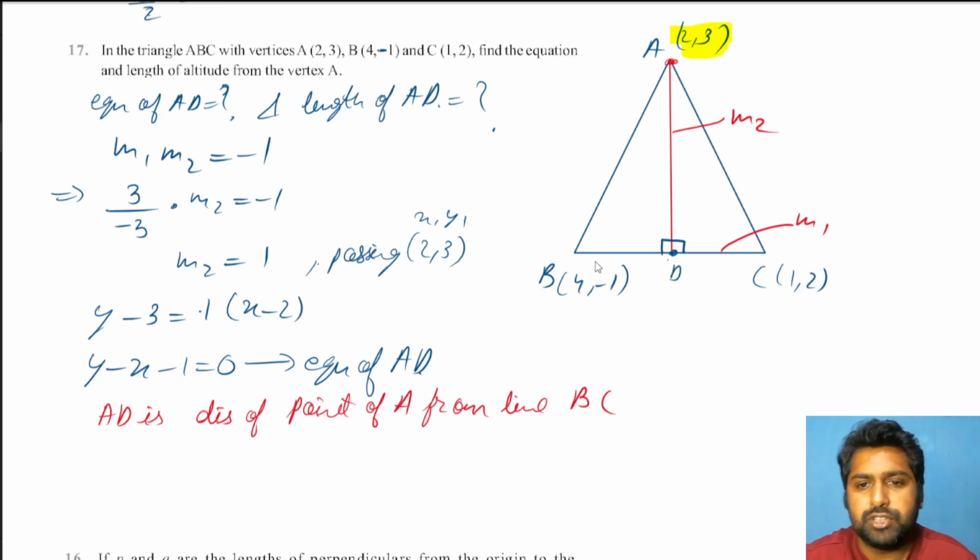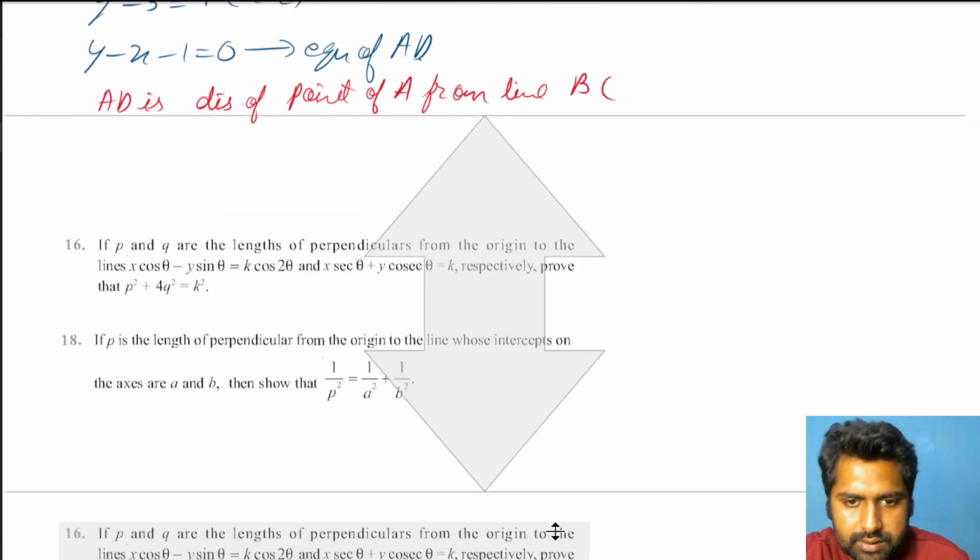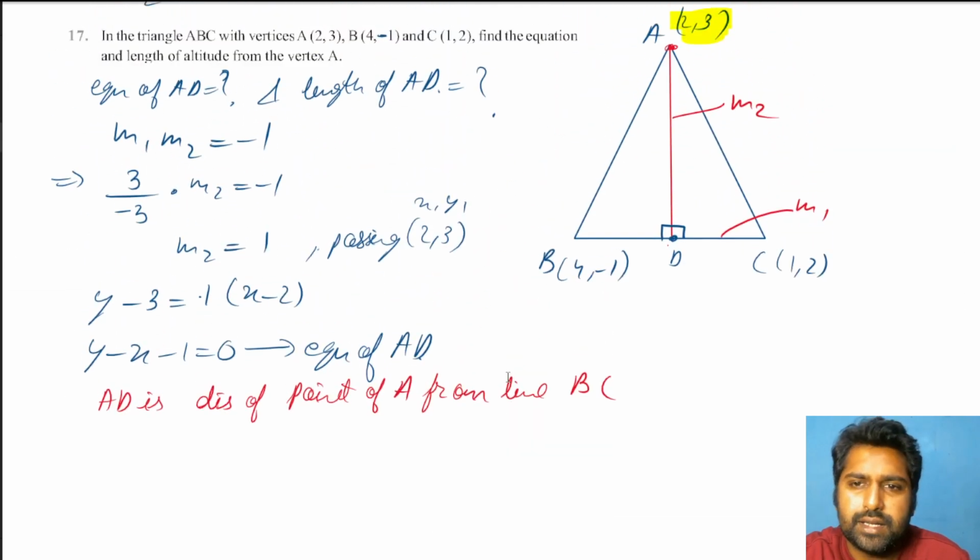Now if you understand that, what do we need? We need the equation of BC and then the distance of a point from a line. Okay, so lengthy question because it has two parts inside it, but anyway, you get the idea now. So instead of directly saying calculate the distance of this point from line BC, it is indirectly confusing from the language.